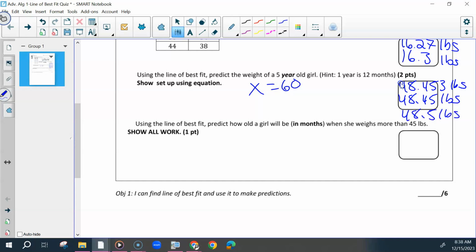So the 2 points there were showing me that you got 60 in some way, and then getting the answer in one of these three answers. Questions on that one?